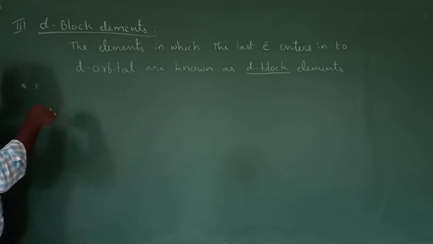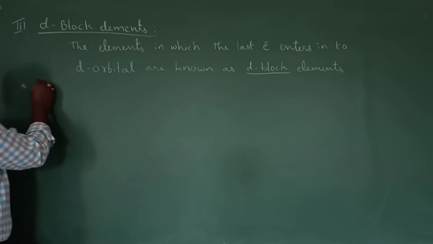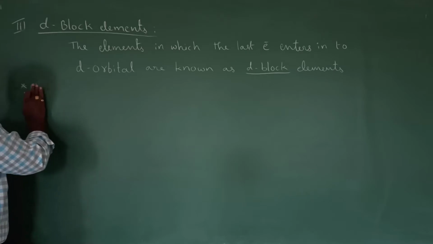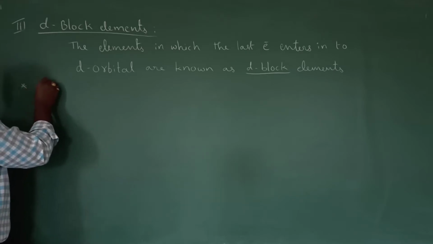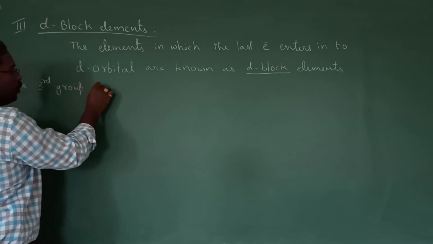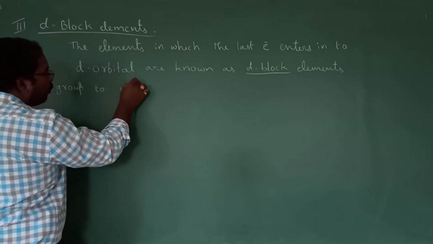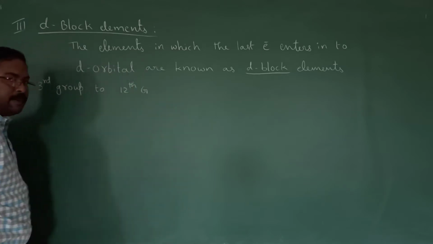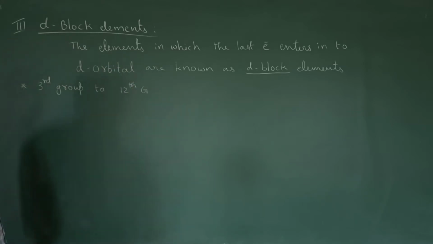Which groups come under d block? From third group to 12th group will come under d block elements.